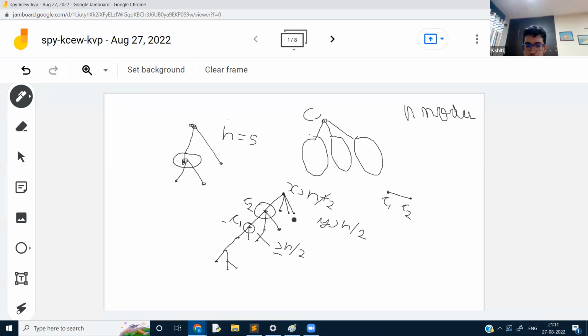So let's suppose a tree has this centroid over here, and let these be the subtrees hanging outside it. Let the subtree sizes be denoted by S1, S2, S3, and so on till Sk, where k is the number of children. Now Si is at most n by 2.